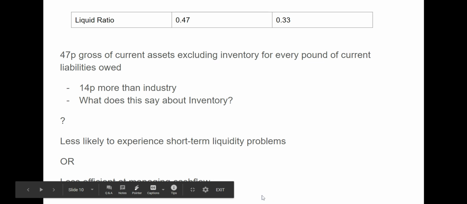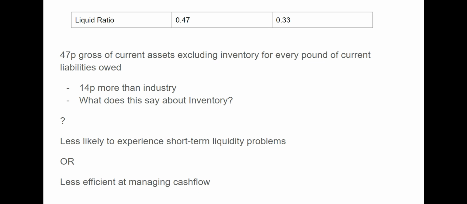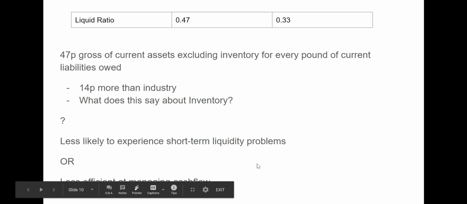Or it could also mean that they are less efficient at managing the cash flow, because the rest of the industry are surviving with 33 pence for every £1 they owe, and therefore they're using the additional cash that they've managed to generate at some point to fund expansion.